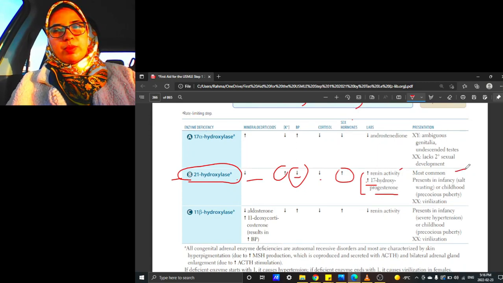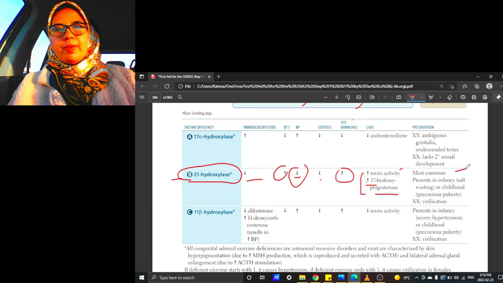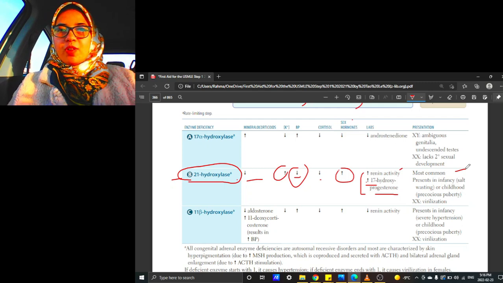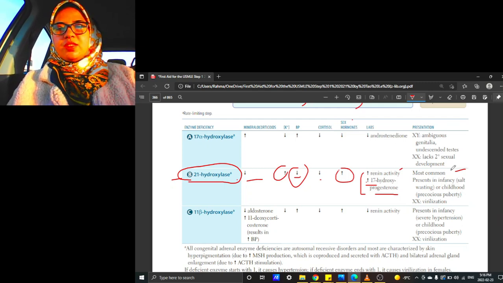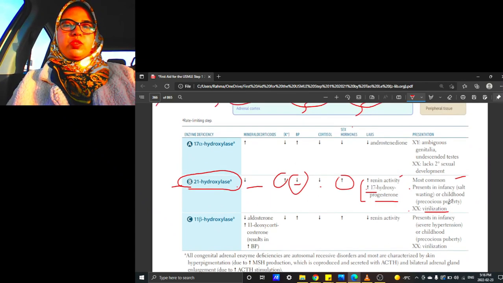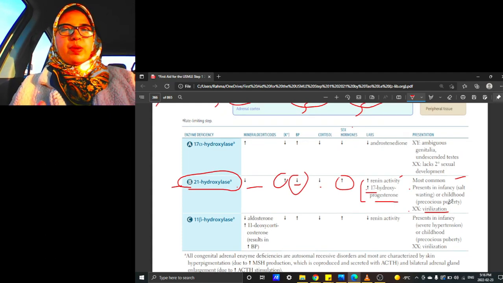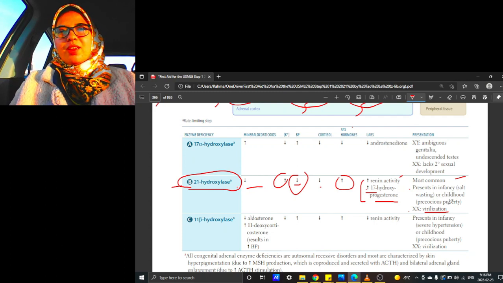Now, this is the most common, so this is important to know if you don't want to memorize anything else. But overall, it's very easy to understand the rest of these guys. This is the most common one. It's going to present in infancy, right? And you're going to have, in the female, like we've said, virilization. You want to be aware of that. So it's a female. It looks like a baby boy, but you're not sure. Okay, something's off.